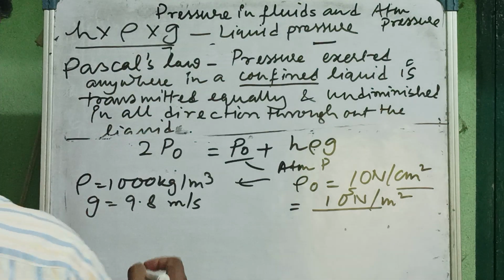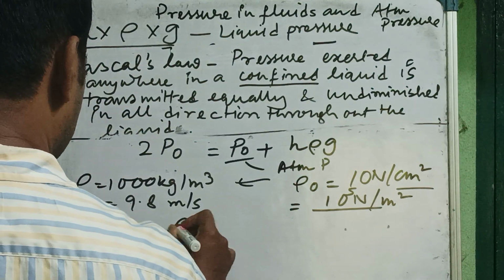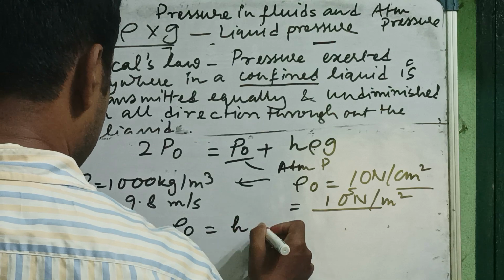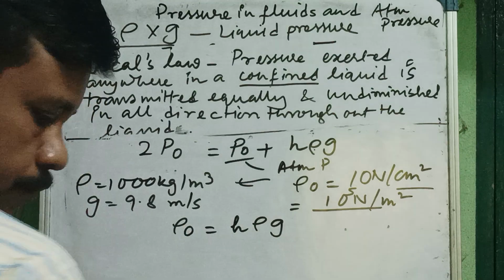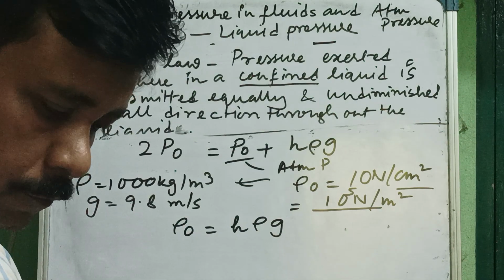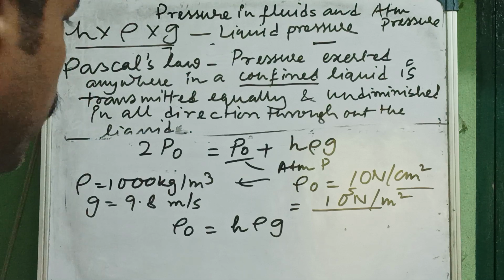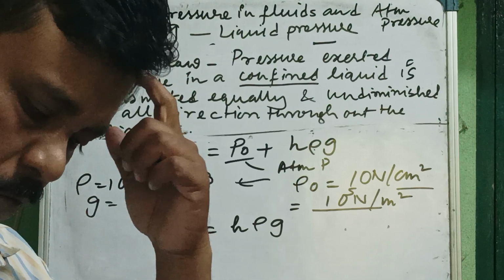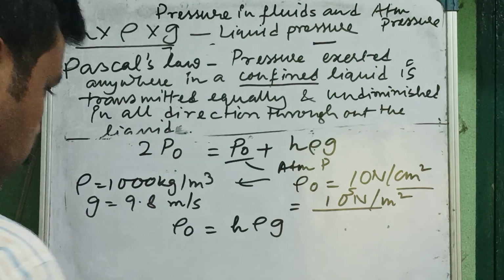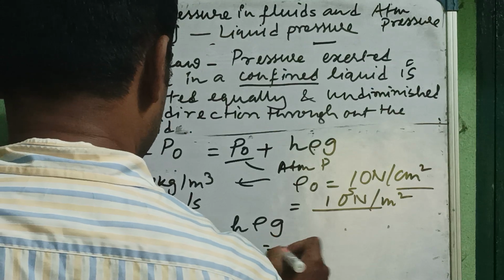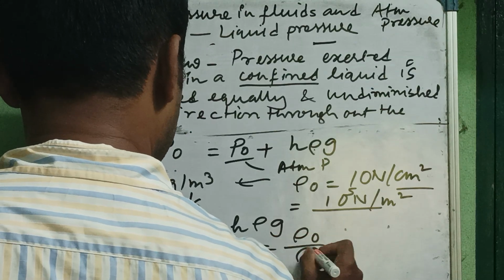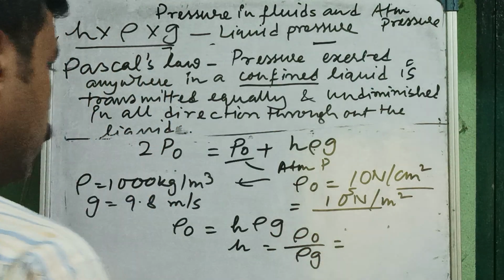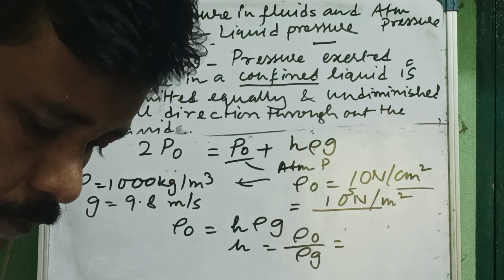Now you calculate P0 equals to H rho g. We have to find out the height of the water column. So H equals to P0 divided by rho g. P0 is the atmospheric pressure.